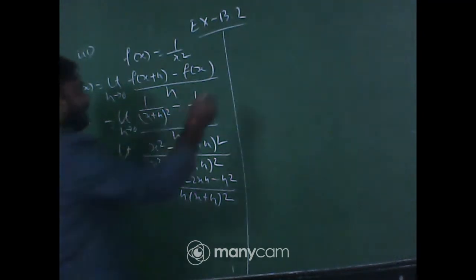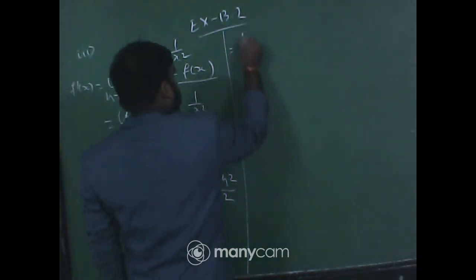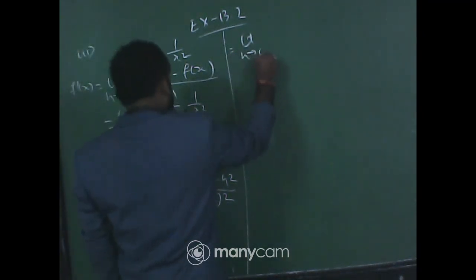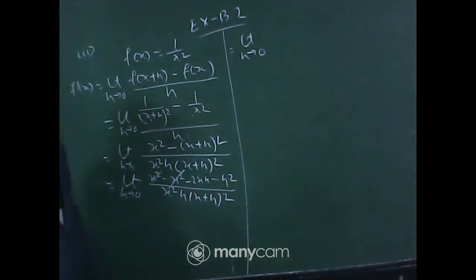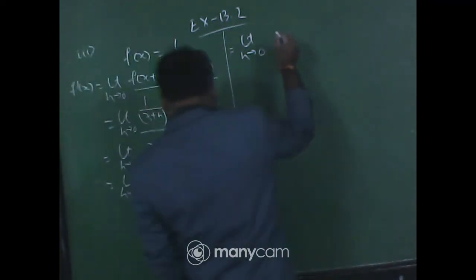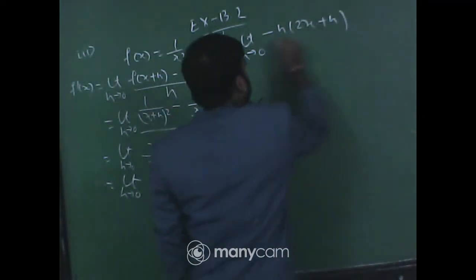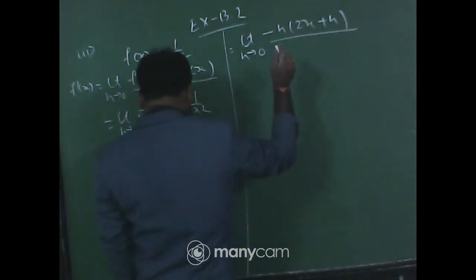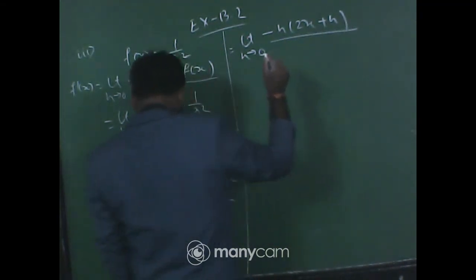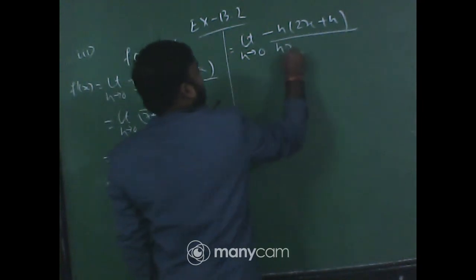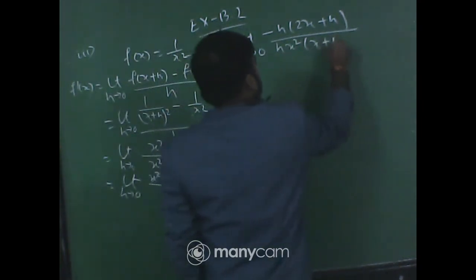Now I am solving this here, limit h tends to 0. From that portion take h as common, so minus h into (2x plus h) by h x square into (x plus h) whole square.